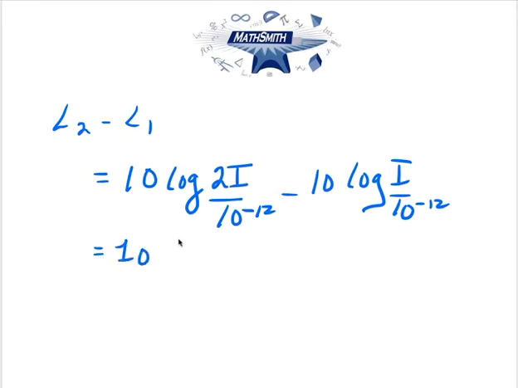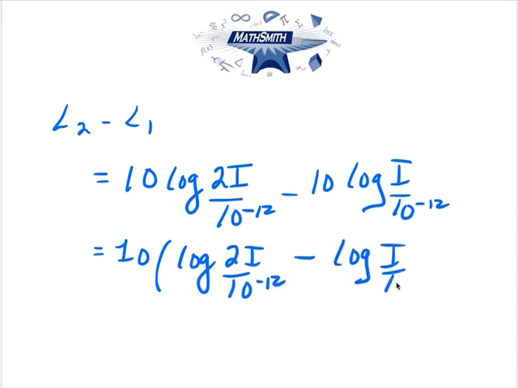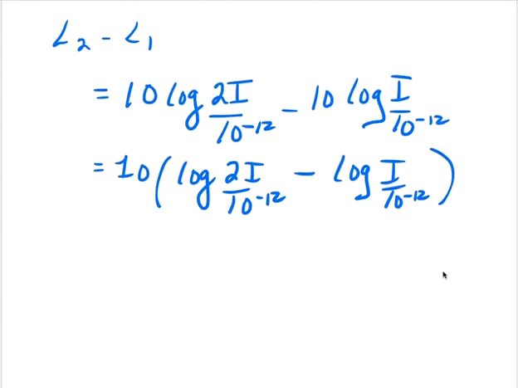You're going to factor out the 10. You're going to get log 2I divided by 10 to the negative 12 minus log I divided by 10 to the negative 12. And then you're going to use your property on this logarithm by expanding it.